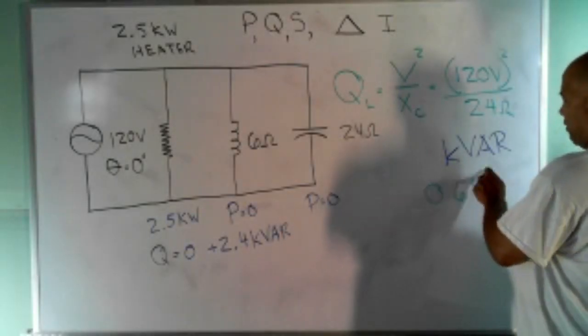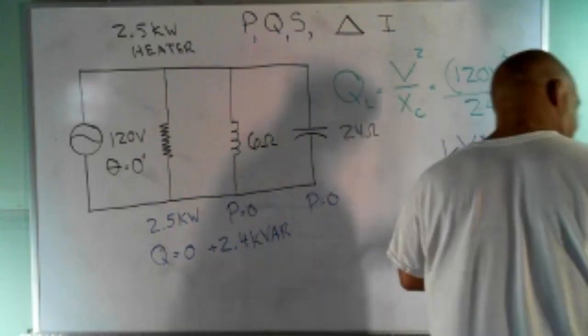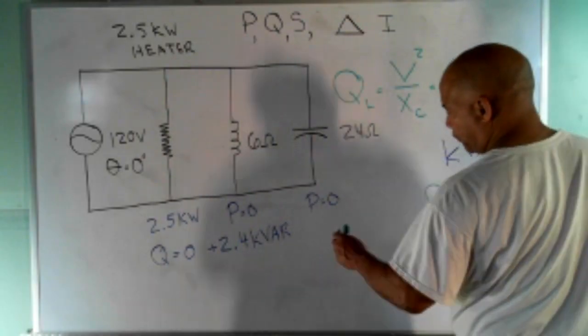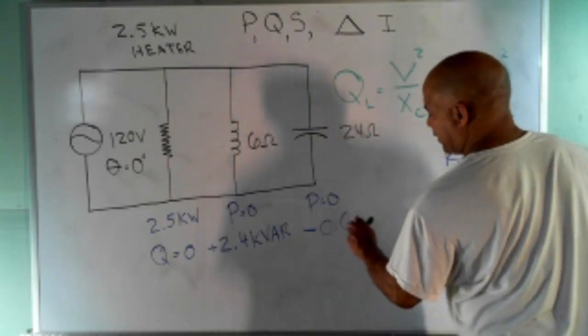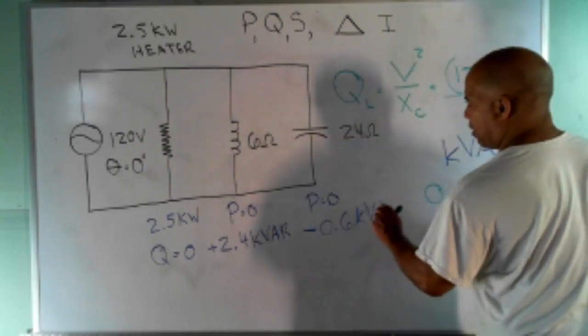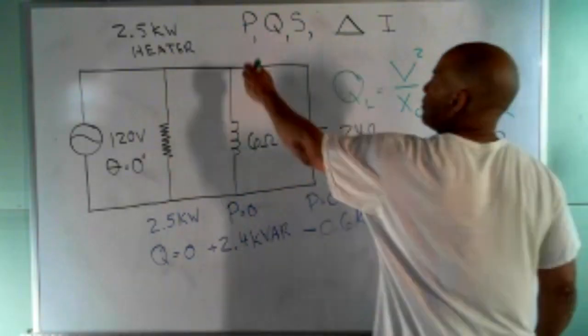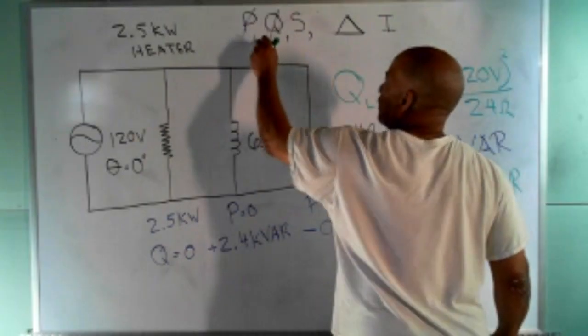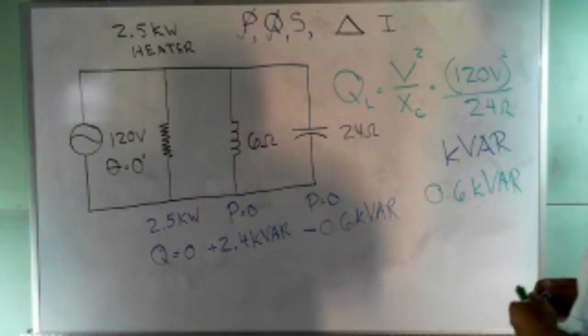That's 0.6 kVAr. So we'll add that to our list. That's a minus 0.6 kilovar. And so we found this one, we found this one. I've got to get the total apparent power.